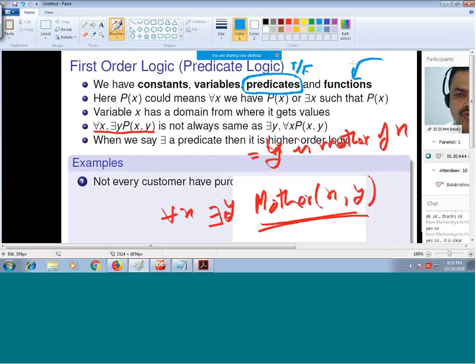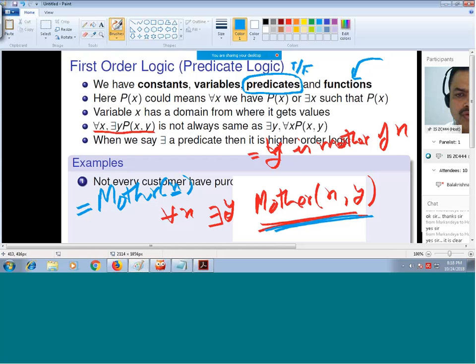For example, instead of writing this, I can define a function mother(X), and now it is a function. Given the X, it would tell me who is the mother. If I give you X, this function is going to find out who is the mother of this X. And whatever the answer is, it is not true or false.